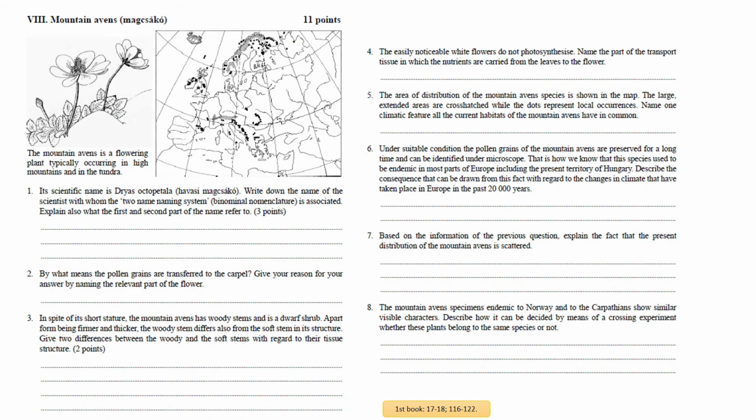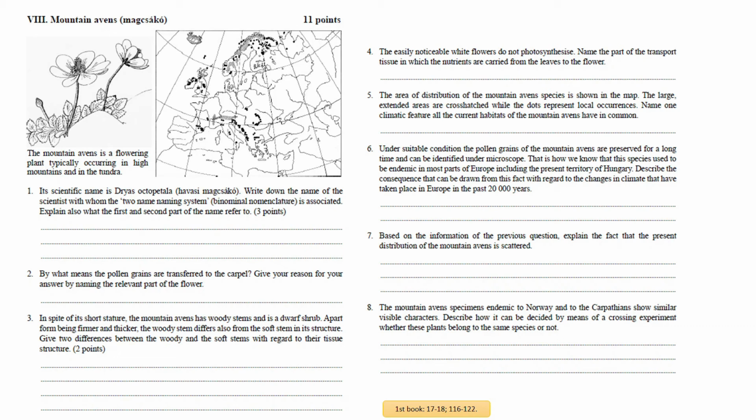Exercise 8, mountain avens. The mountain avens is a flowering plant typically occurring in high mountains and in the tundra. Its scientific name is Dryas octopetala. Write down the name of the scientist with whom the naming system, binomial nomenclature, is associated. Explain also what the first and the second part of the name refer to.